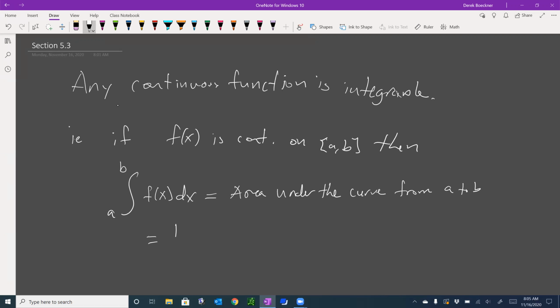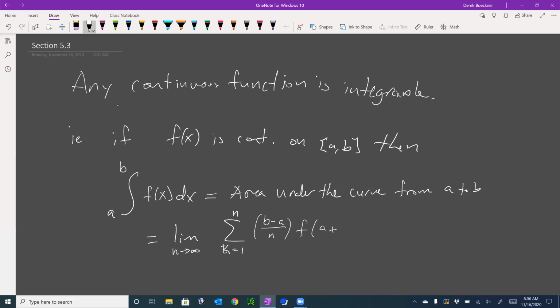and it's equal to the limit of the right-hand sums or the left-hand sums or any of that stuff as n goes to infinity. The sum, let's go k equals 1 to n, of (b minus a) over n, that's the width of each rectangle. And the height, I'm going to pick the right-hand endpoints because that's the easier formula to write down.